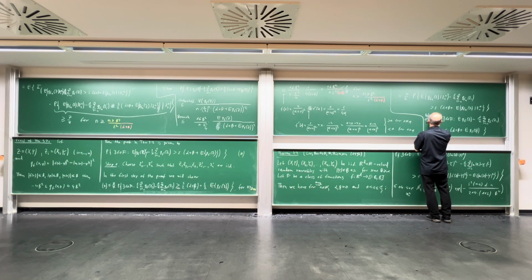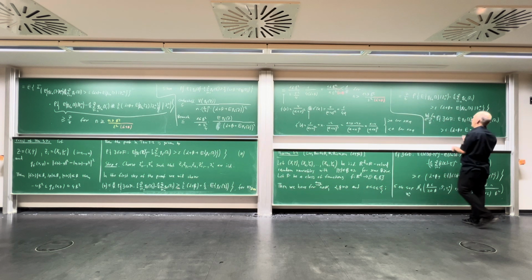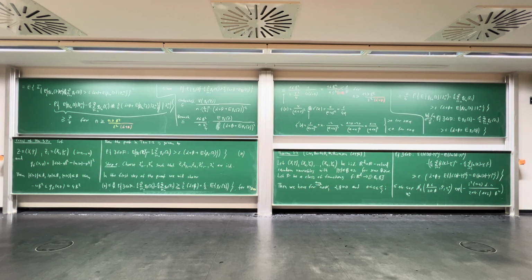And there's the 7 divided by 8 also. I lower bound with this probability, now I bring the 7 divided by 8 to the other side, and that's it. That was the first step of the proof. And more to come. Okay, questions so far?